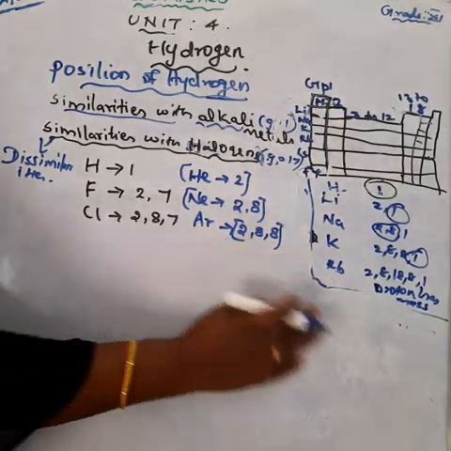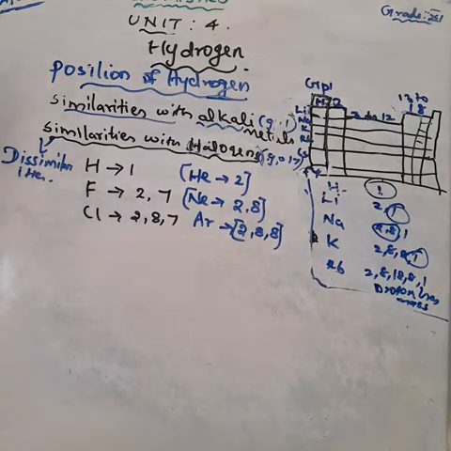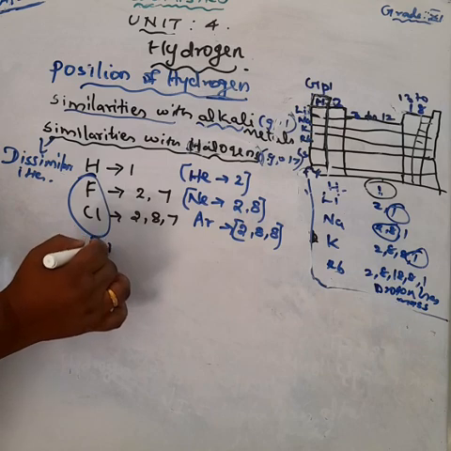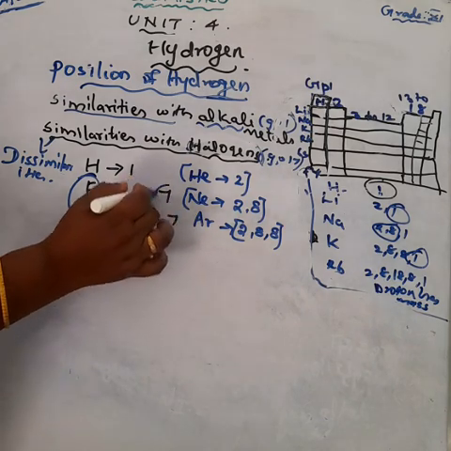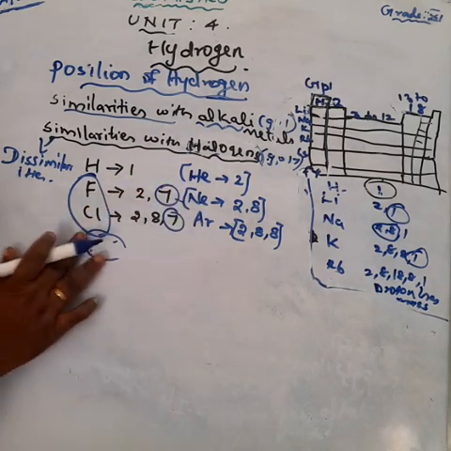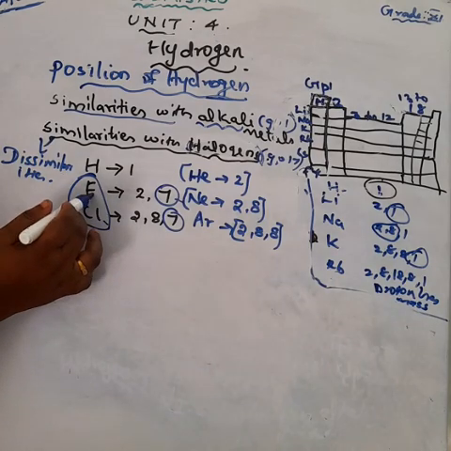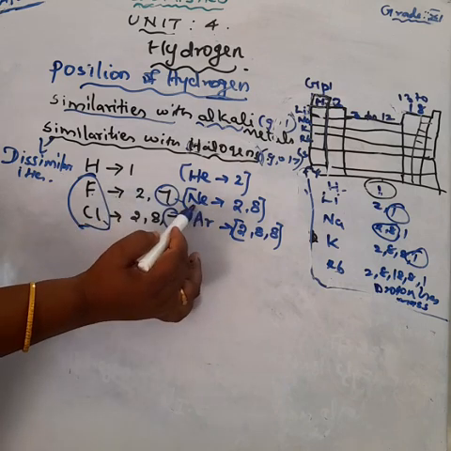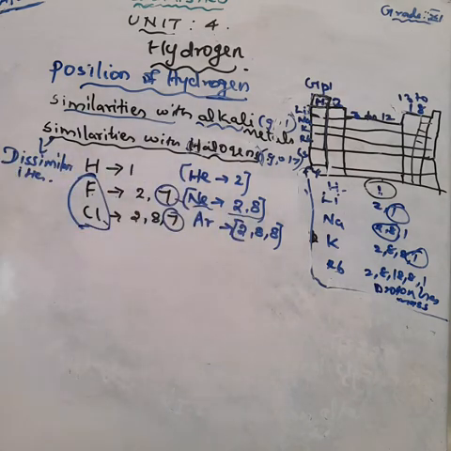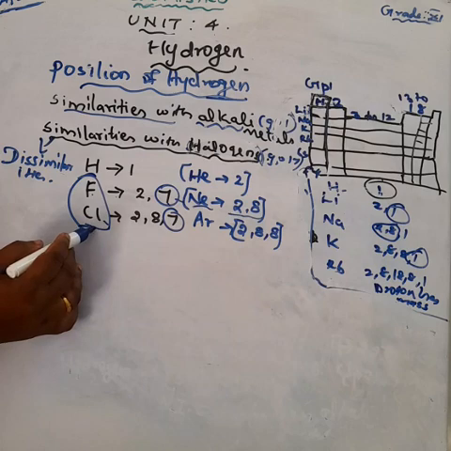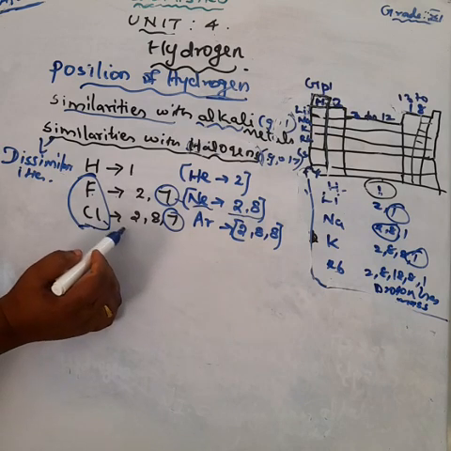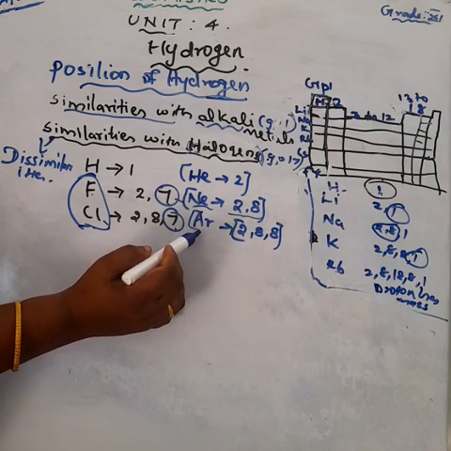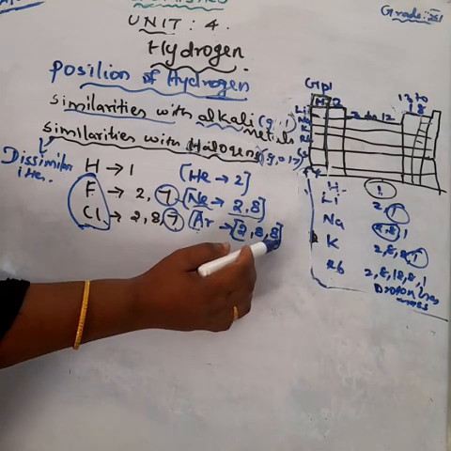All the halogens are one electron short of the nearest noble gas in the valence shell. Here, fluorine has one electron less than the nearest noble gas. Similarly, chlorine has one electron less than the nearest noble gas.